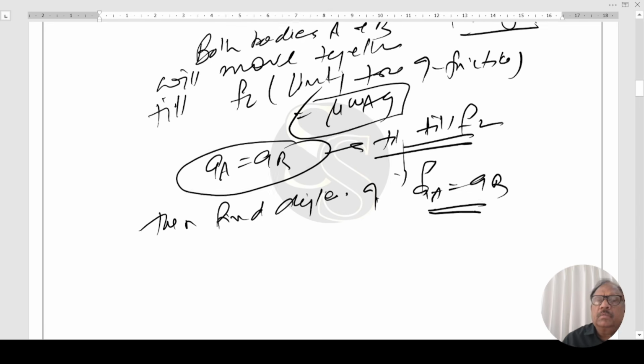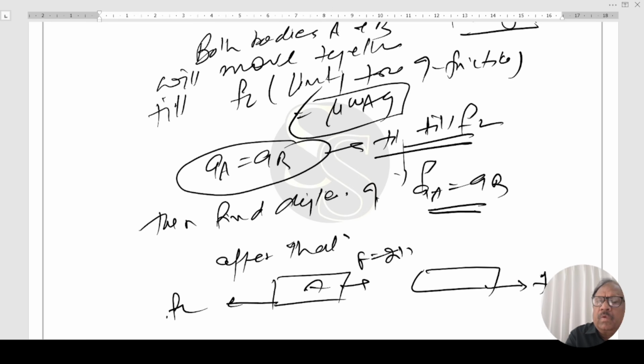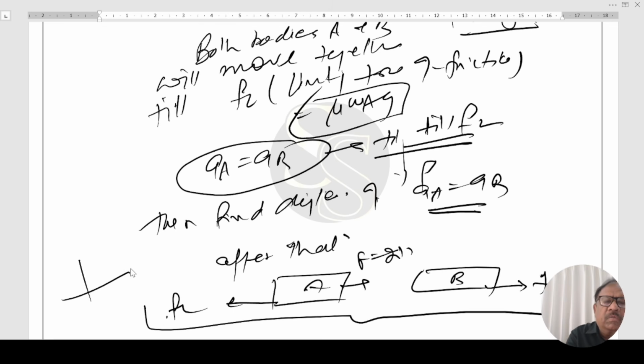After that, body A, body B, F equal to 2T, F equal to FL. In this case, this is FL, AB. Right? Apply this and we can draw the graph on the time varying like this.